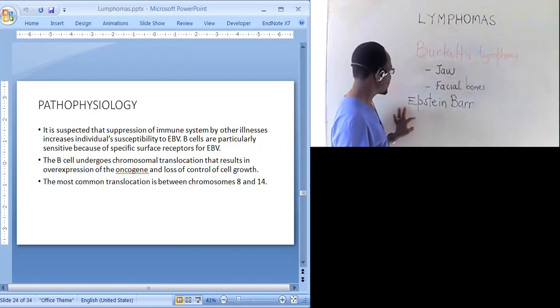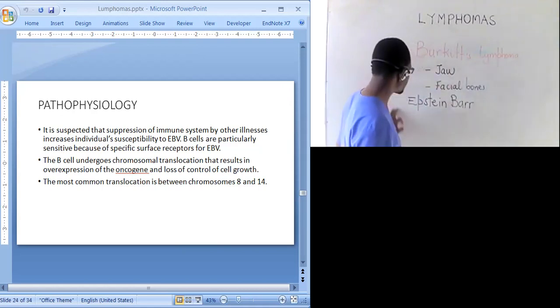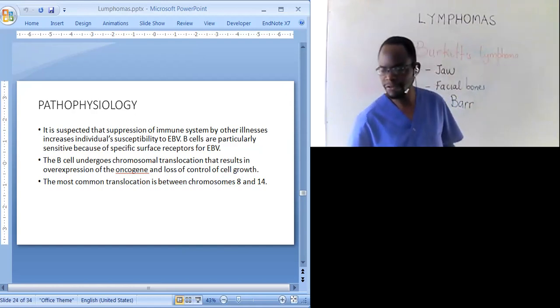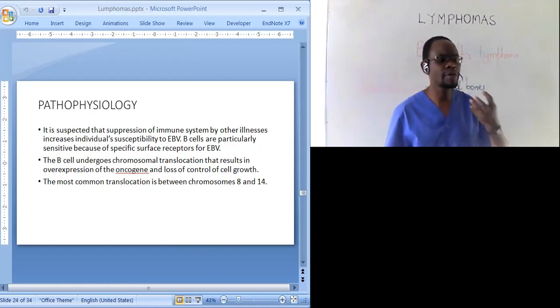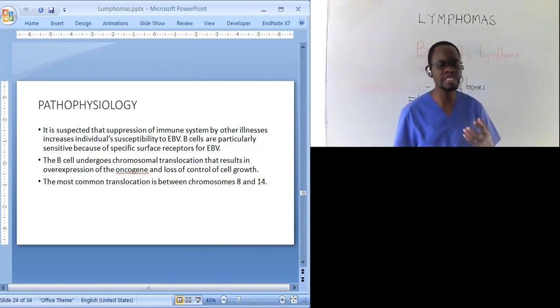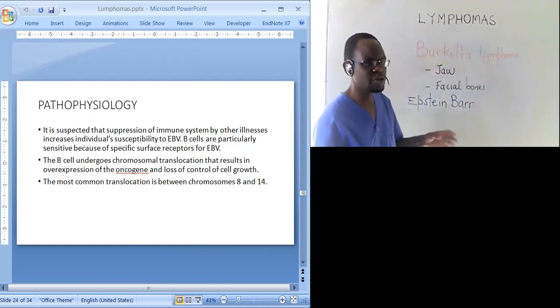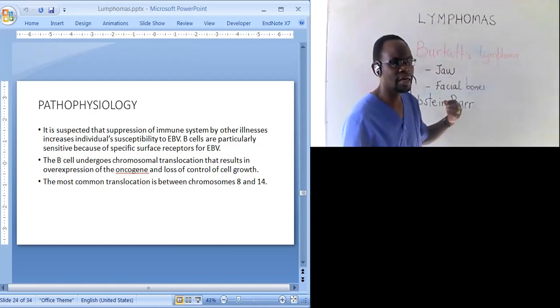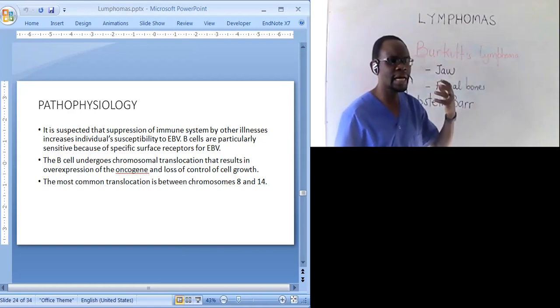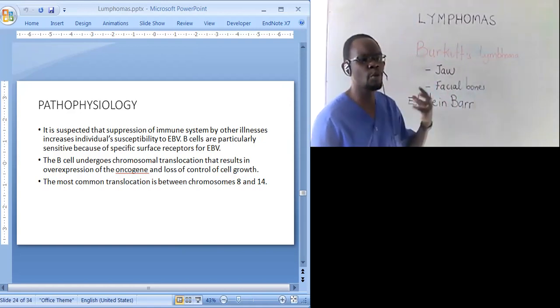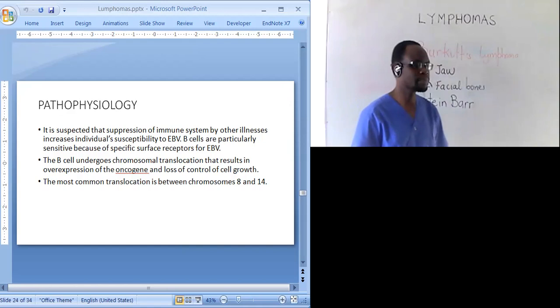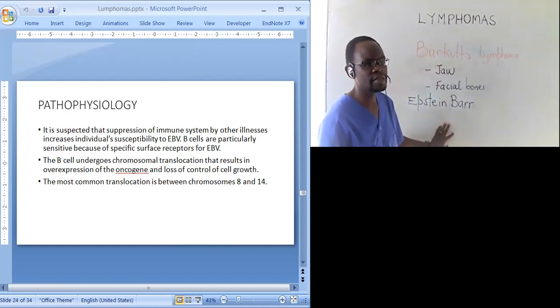In other words, this virus would not be so much of a problem, but if you have a suppression in the immune system, the patient becomes more susceptible to this Epstein-Barr virus.